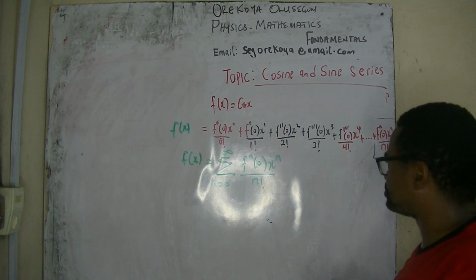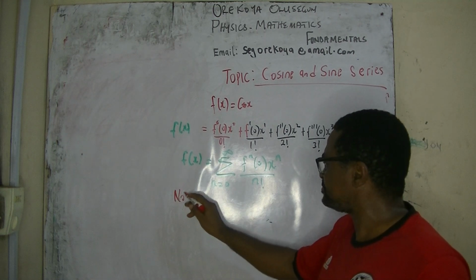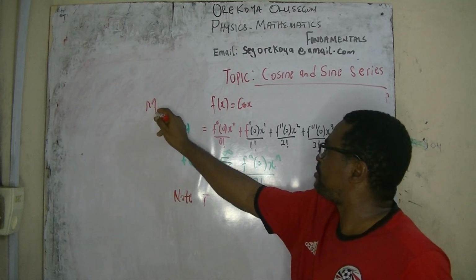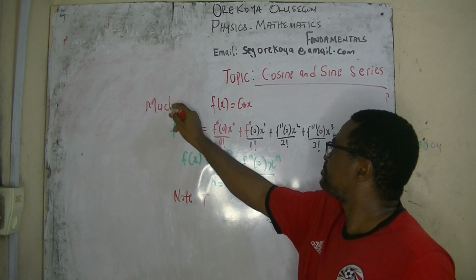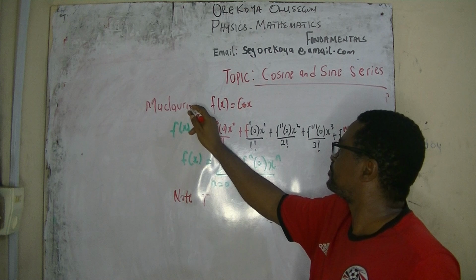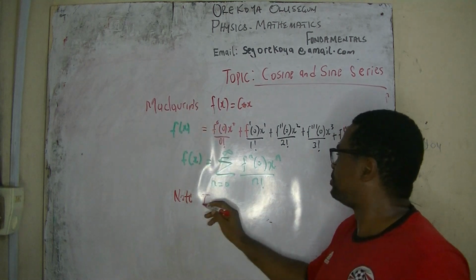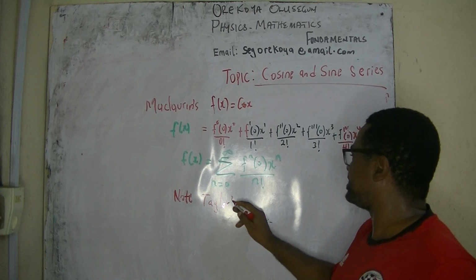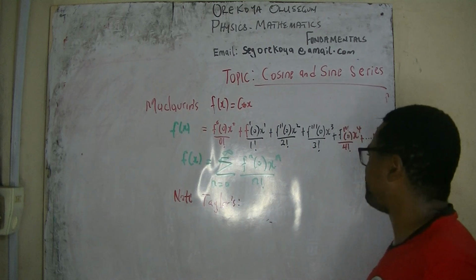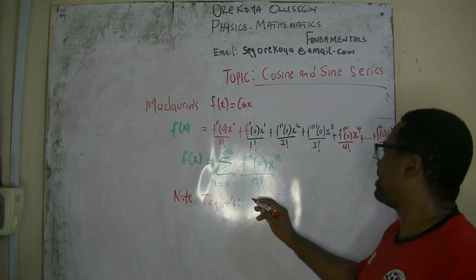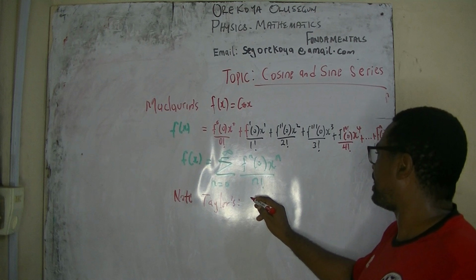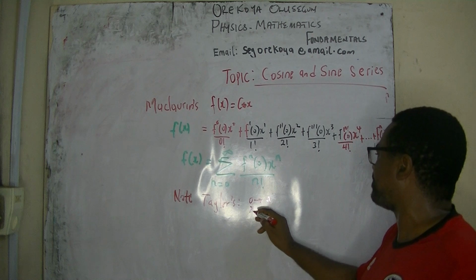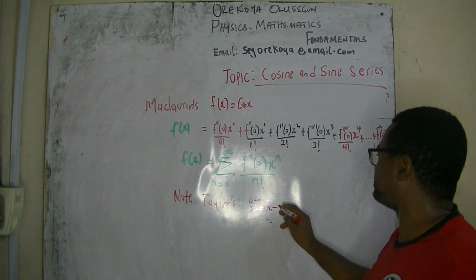And take note also, this I call Maclaurin series. Note, Taylor series, which I've indicated in my last video, can be obtained from the Maclaurin series by setting 0 to a and setting the variable x to x minus a.